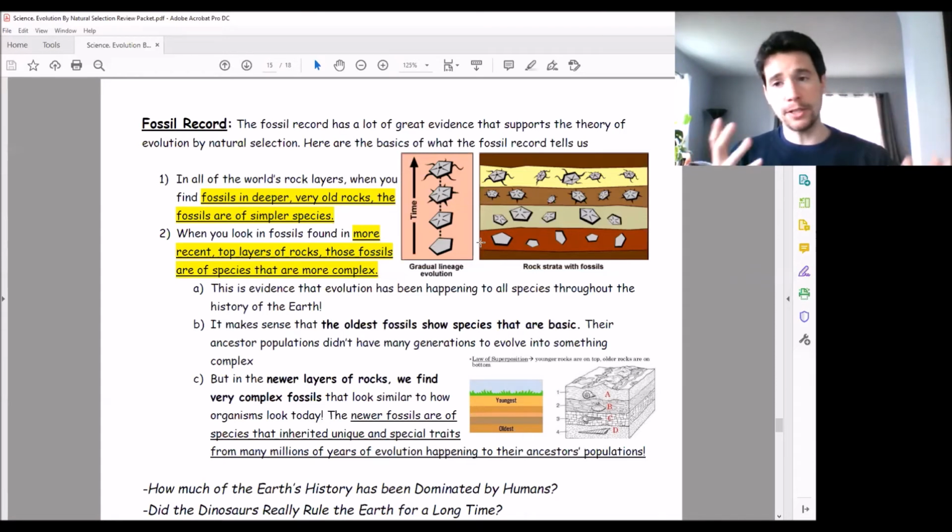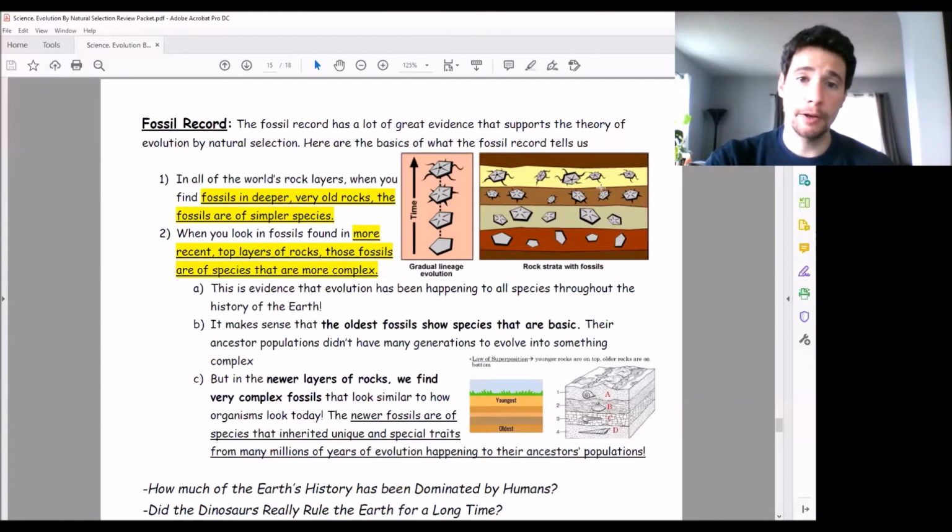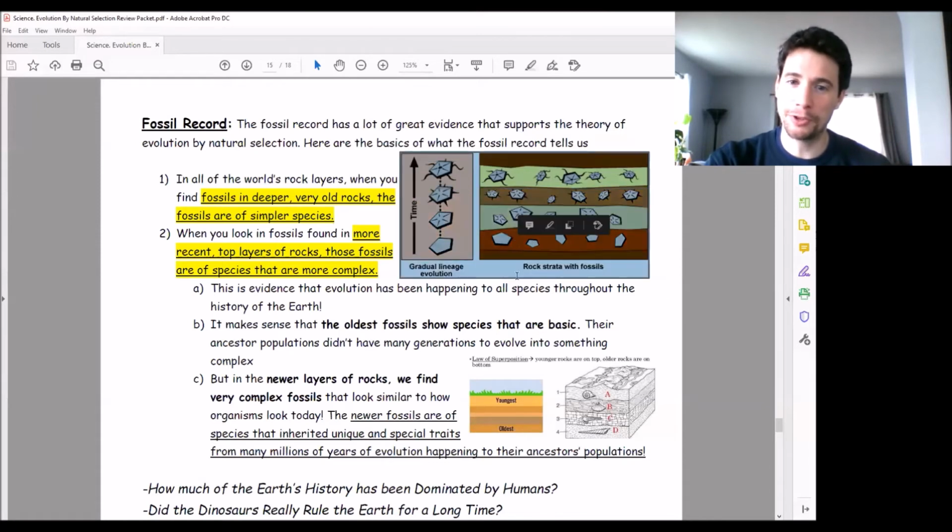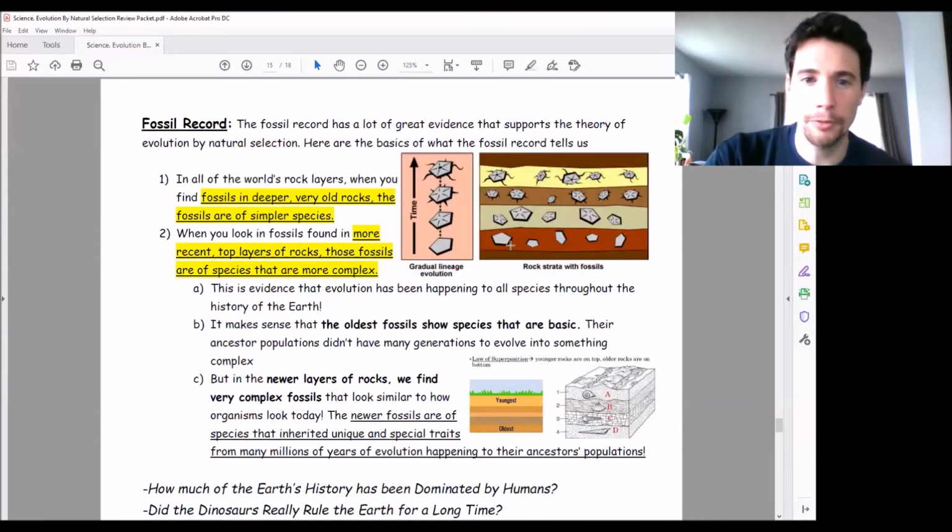And because of these different environments, and because of time, and because those that are most fit for the environment pass down their traits, this process has created many different species that are specialized for their environment. In this case, having these legs on these sand dollar looking things seems like a beneficial trait, I guess, for this type of organism.